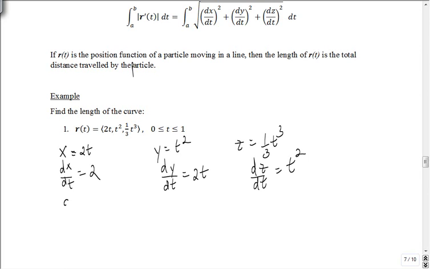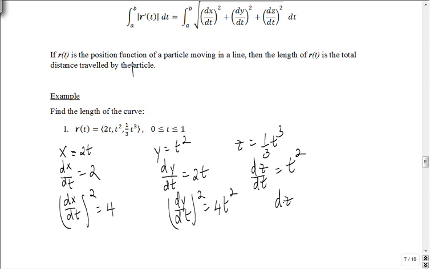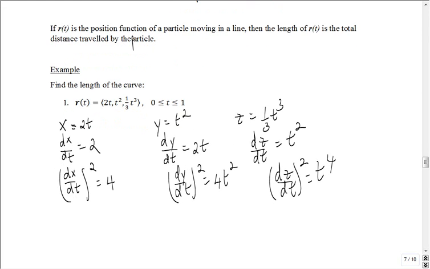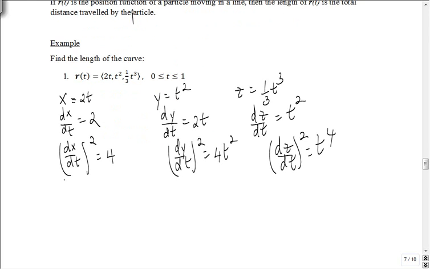Let's square all of them. dx/dt all squared is 4. dy/dt all squared is 4t squared. dz/dt all squared is t to the 4th. So from the formula, the length of the curve is the integral. We have t between 0 and 1, so we're going from 0 to 1.